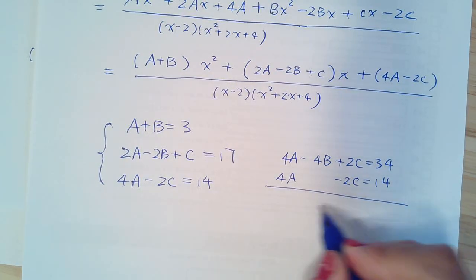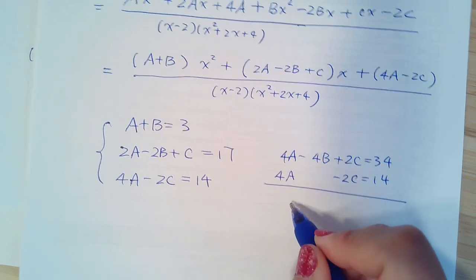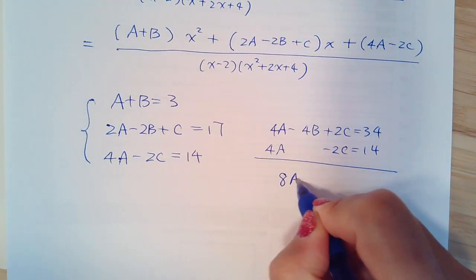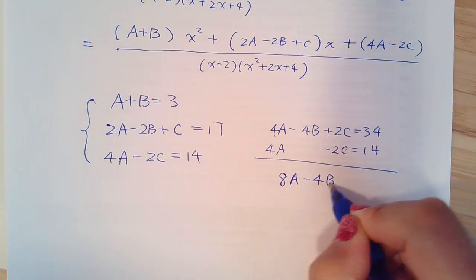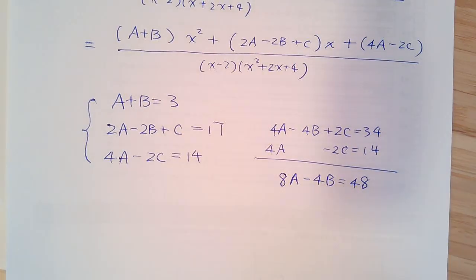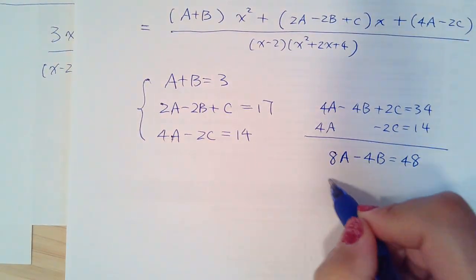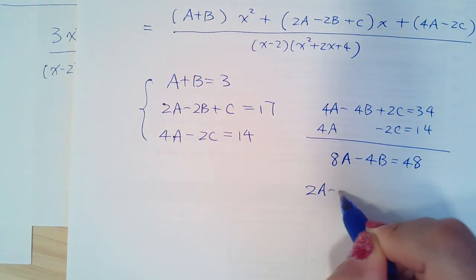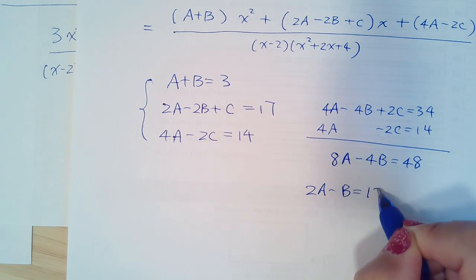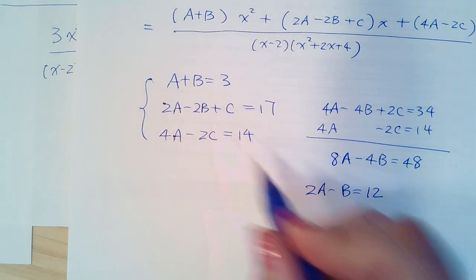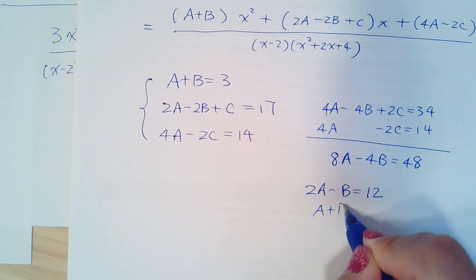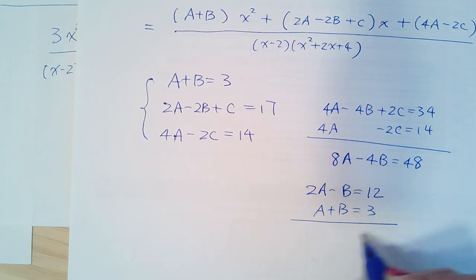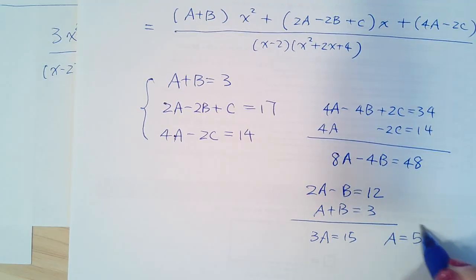So I add them up and get 8a minus 4b equals 48. Then I divide by 4 and get 2a minus b is 12. And here I have a plus b is 3. I add them up and get 3a equals 15. Very good, a equals 5.